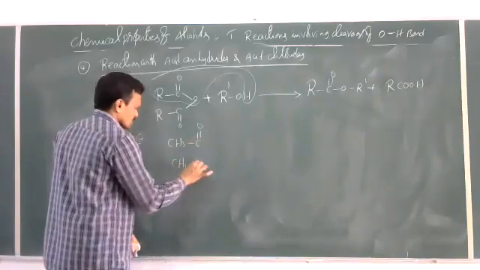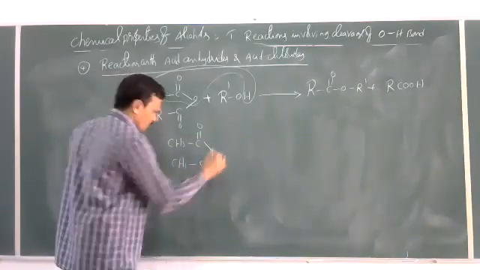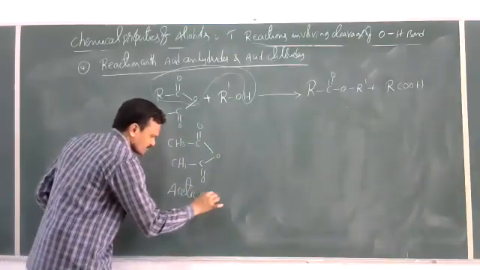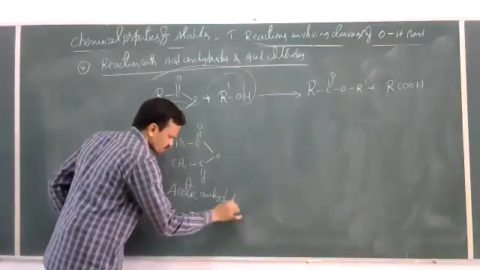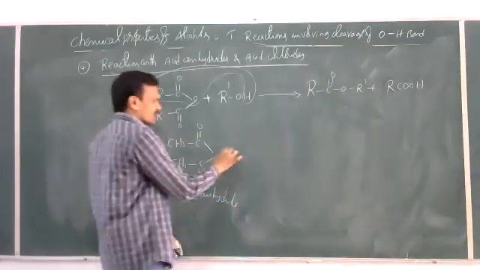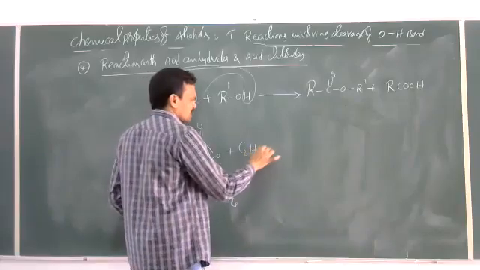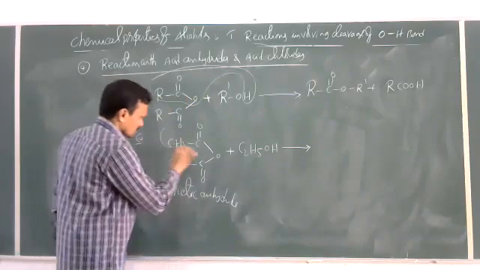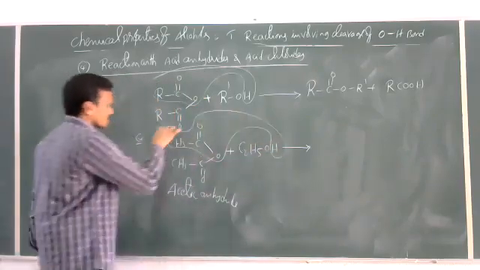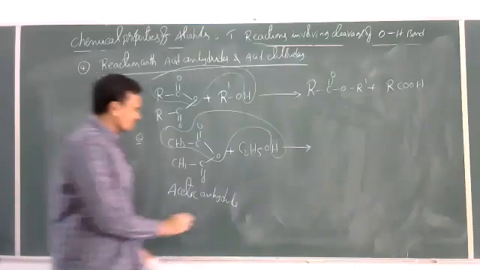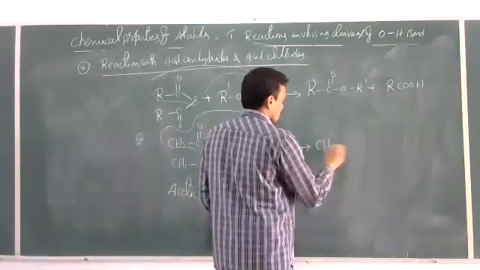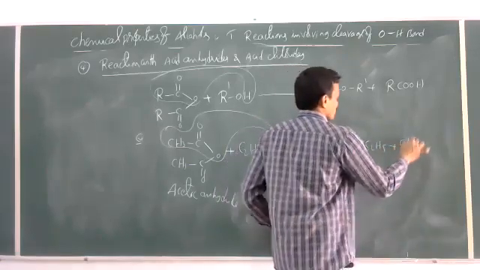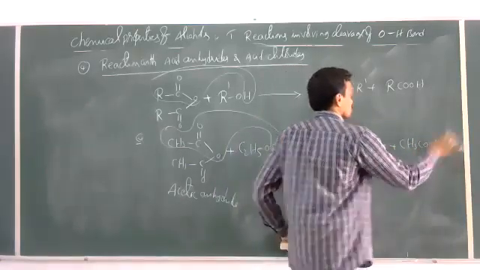CH3CO, CH3COO. This is nothing but acetic anhydride. When this acetic anhydride is allowed to react with ethyl alcohol, C2H5OH, then an acetic acid molecule gets separated and we can get CH3COOC2H5 plus CH3COOH.